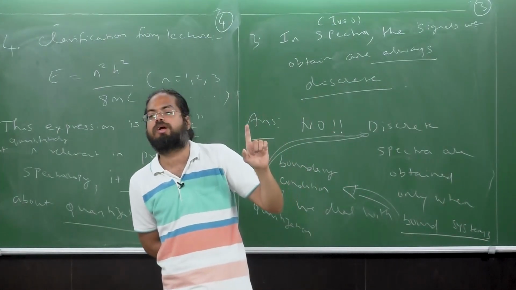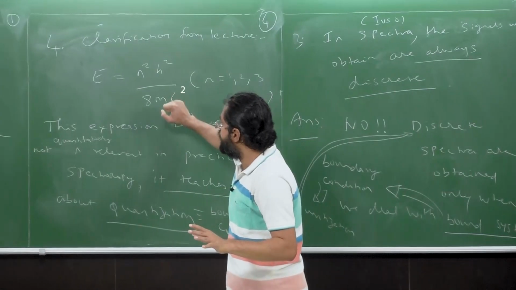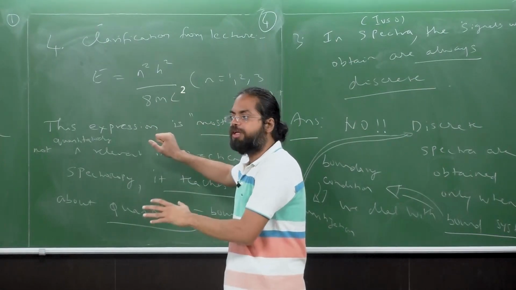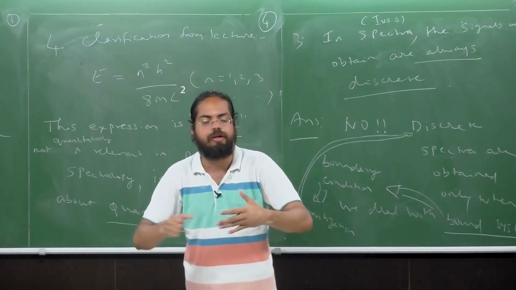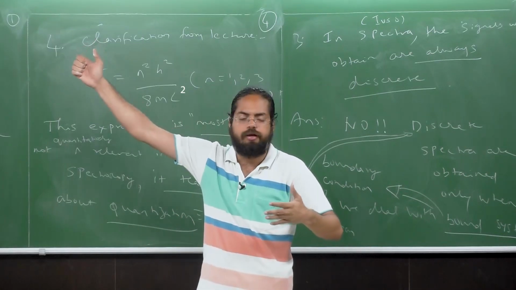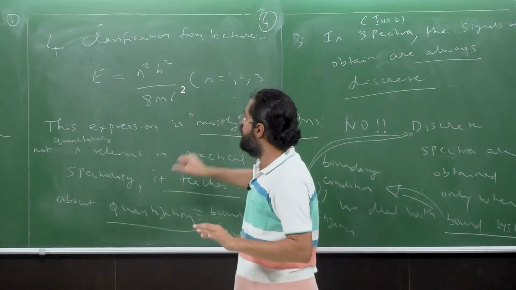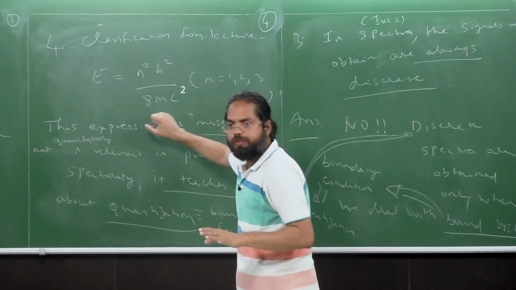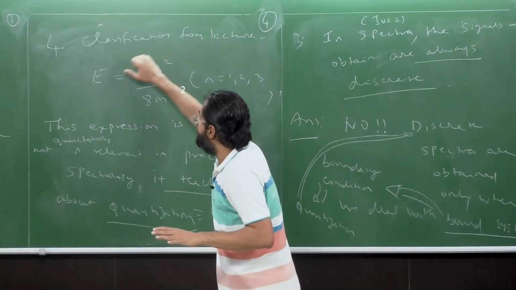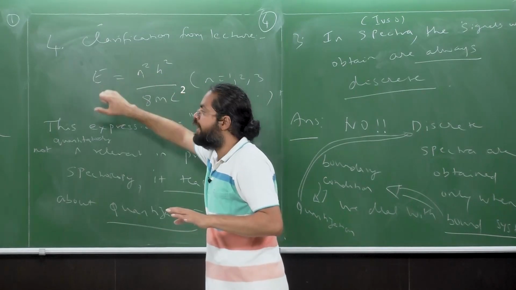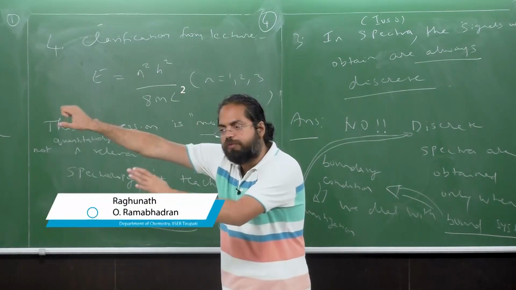So please never be confused that this is the exact expression used, for example, in analyzing any spectrum. It is not. We are just studying it to tell you clearly that this expression teaches us about quantization of energy, and the same idea is applicable to other problems as well.